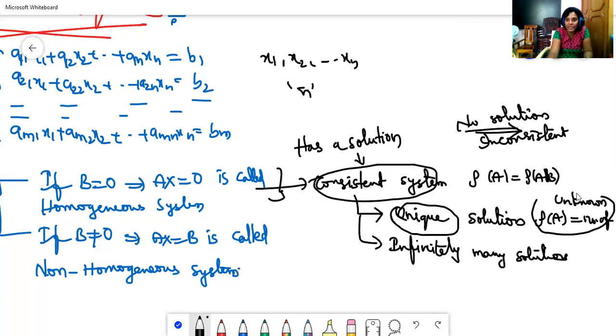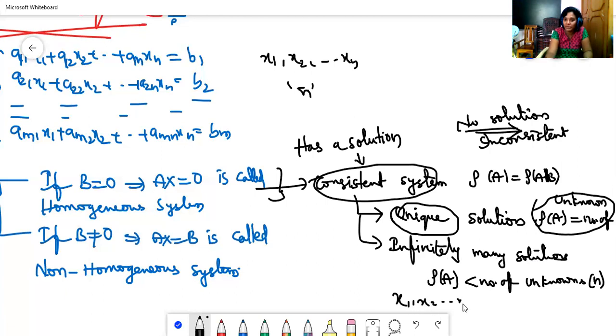If the condition is for infinitely many, rank of A is less than the number of unknowns, n. So the system has infinitely many solutions. How? Whatever the variables are, x1, x2, xn or x, y, z, w, they are involved in parameters.